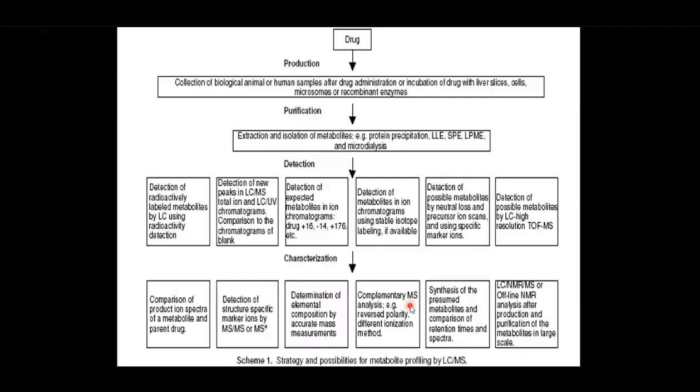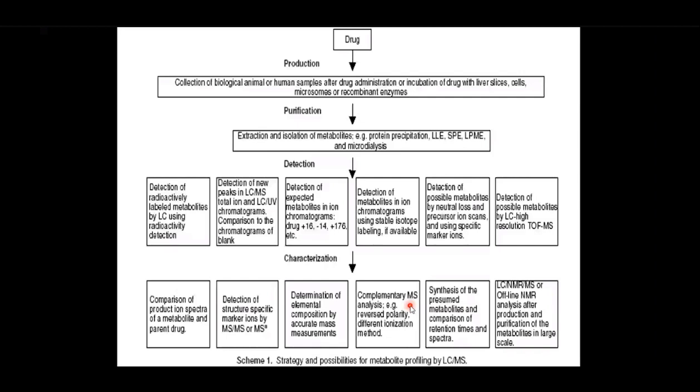Okay, some of the metabolites can be synthesized in the lab. So you can synthesize those metabolites and then compare the MSMS spectra of the synthesized metabolite and the metabolite formed in in vitro or in vivo studies, and if they match, you have a confirmation. Then LC-NMR-MS or offline NMR analysis after production and purification of the metabolite on a large scale.